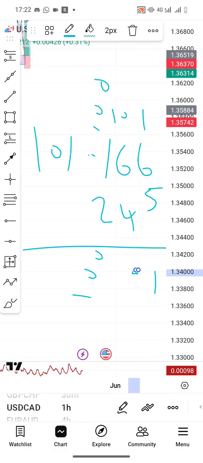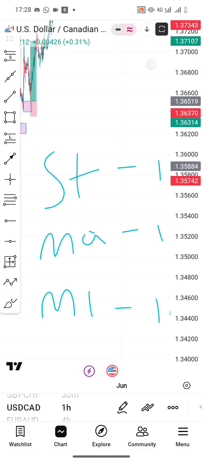Next, we are going over what is the value of a pip. So we dive into that so you understand the value of a pip. When you are trading a standard lot account, you are trading at the value of $10 per pip.